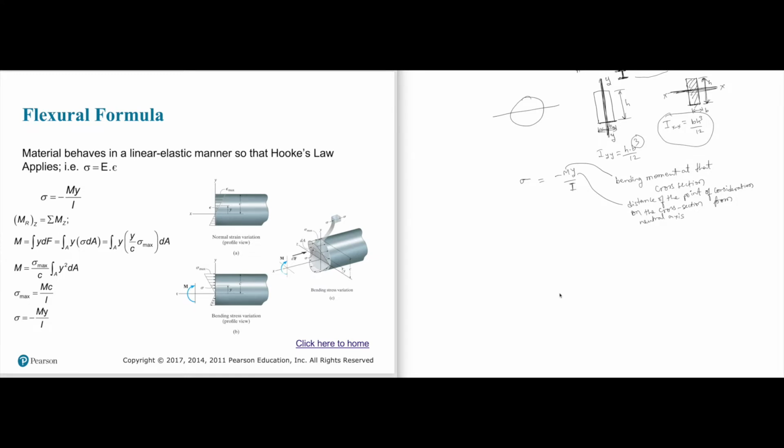Right? Y is the distance of the point from the neutral axis. That means different points on the same cross section can have different stress.